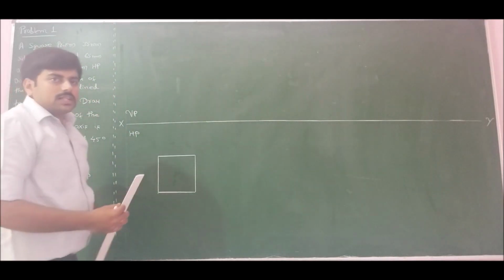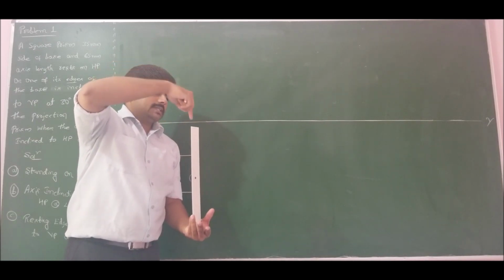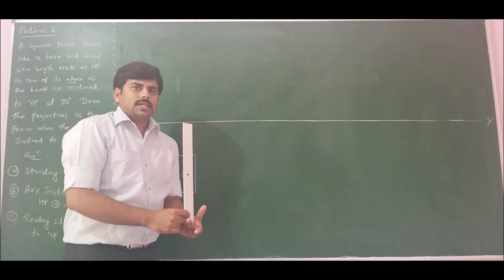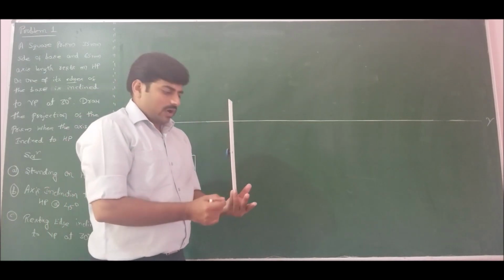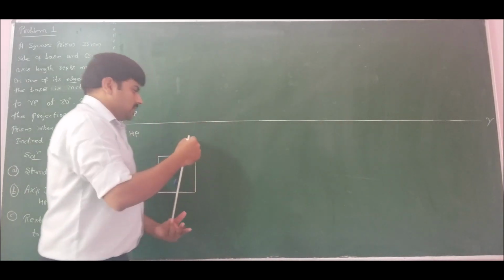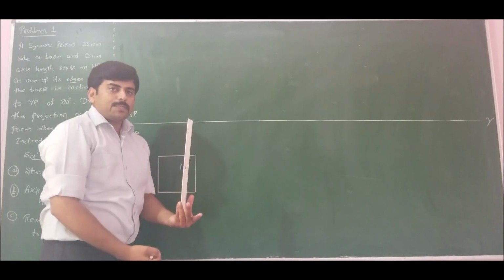Now, if I see the prism standing on HP in its top view, I can see the top face but the bottom face is invisible. Let us use prefix 1 for bottom face and no prefixes for top face. So if I see from top, I can see the top face whereas the bottom face is invisible.